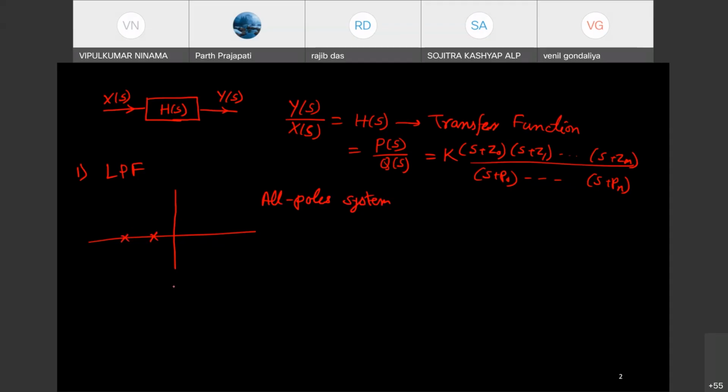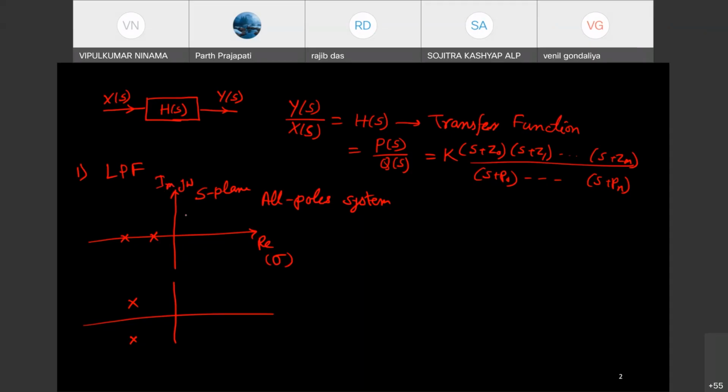Not only this, if you have this one, then also you will get a low pass filter, in a complex plane. This is a real axis or sigma axis, and this is your imaginary axis, that is your j omega axis.